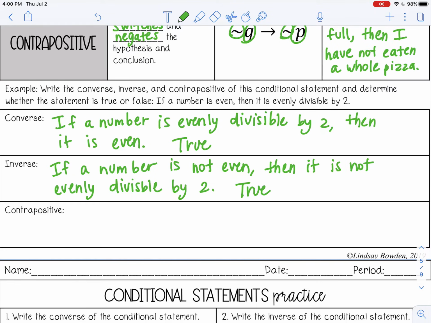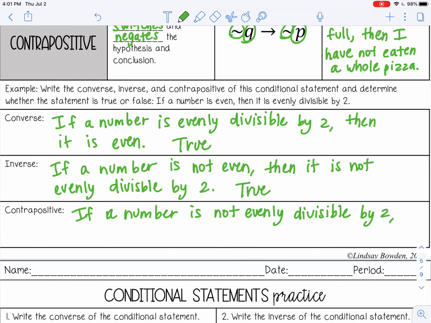And then the contrapositive, if a number is not evenly divisible by 2, then it is not even.